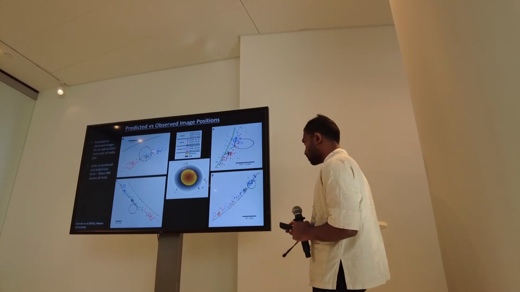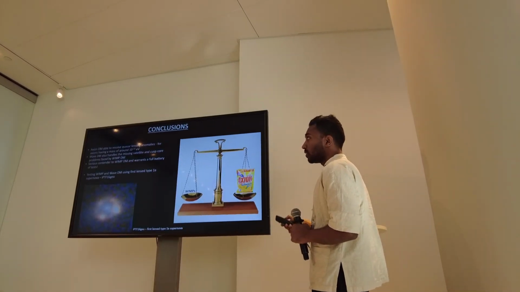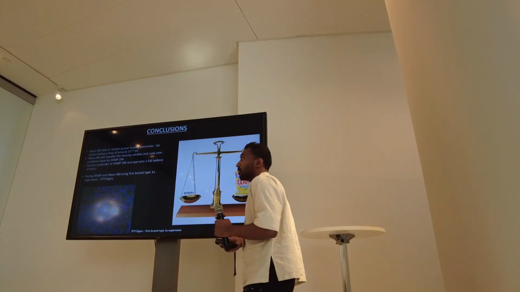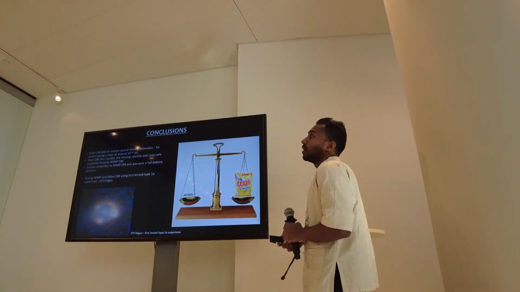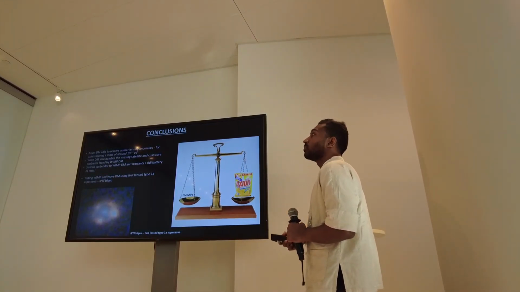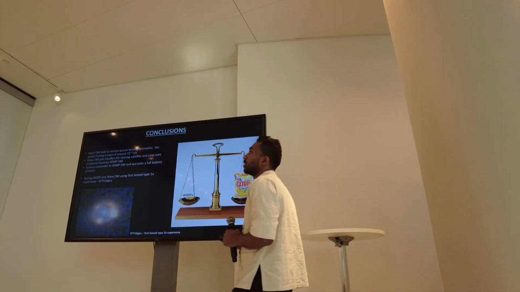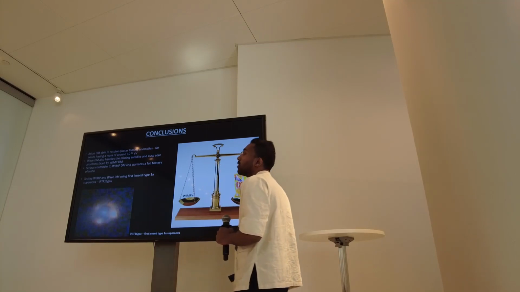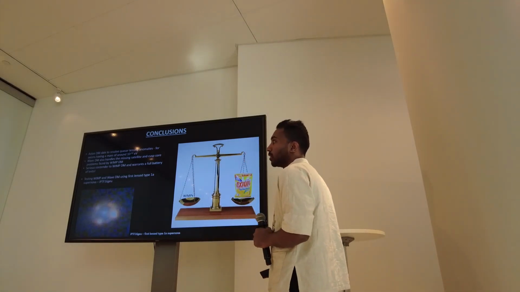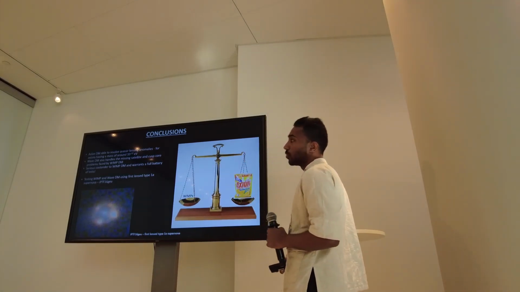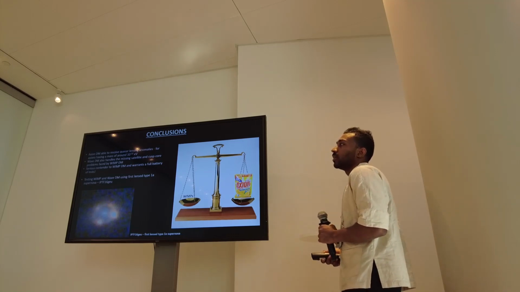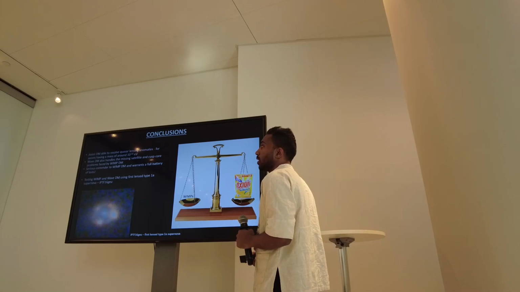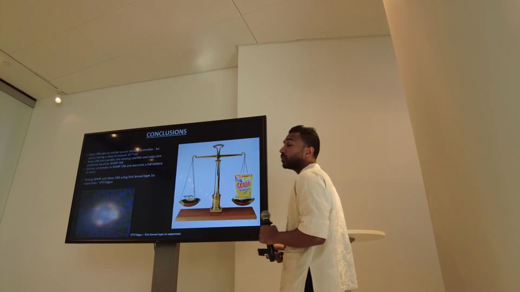Now, what we conclude from our work is that ultralight dark matter, or wave dark matter, is able to resolve these quasar lensing anomalies if the particle has a mass of around 10 to the minus 22. And this is also nice because, I didn't tell you this before, wave dark matter also resolves the long-standing problems that plague cold dark matter, like the missing satellite problem and the cusp-core problem.